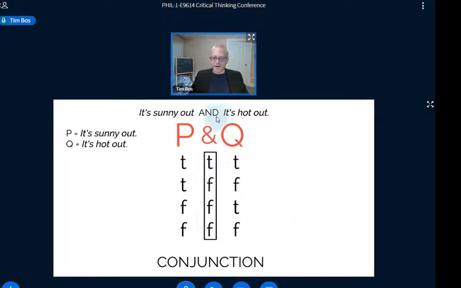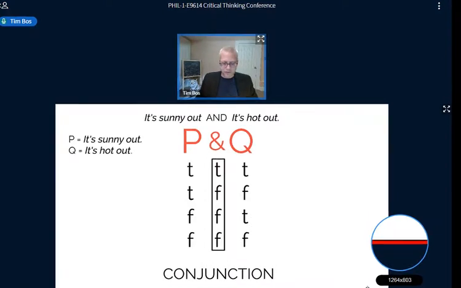For an and statement, for a conjunction, both sides have to be true. I'll wait just a second to give you an opportunity to respond to this. This kind of thing is a lot easier if I have a blackboard and I can really point to things. It's very hard for me to go back to the slideshow to try to go over it.